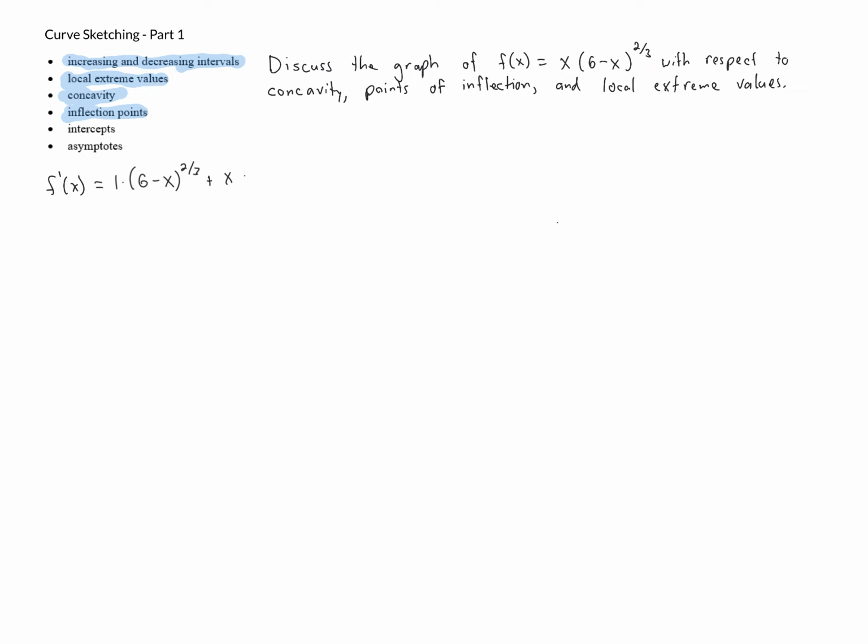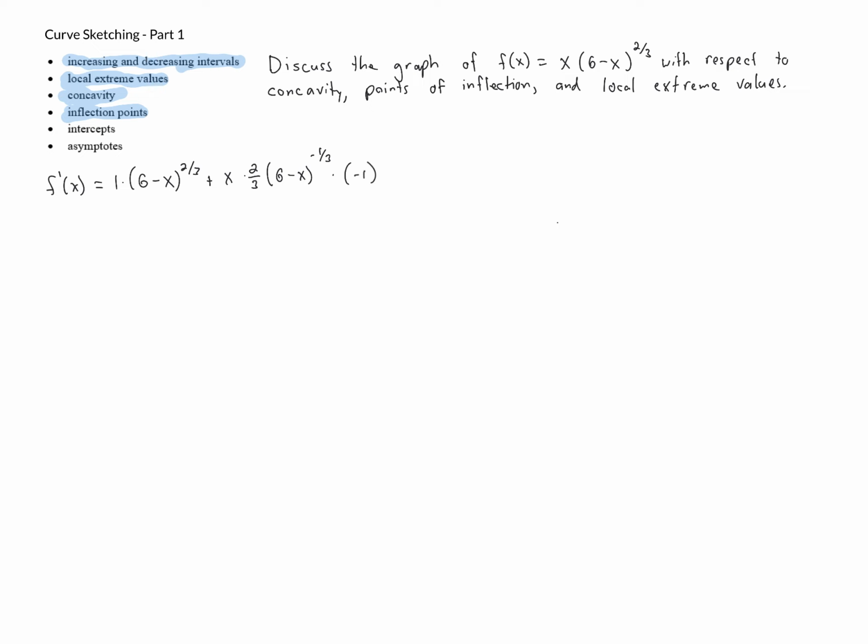The derivative of u to the 2/3 power is 2/3 times u, which in this case is 6 minus x, to the negative 1/3 power, because remember we subtract 1 from the exponent. 2/3 minus 1 is negative 1/3. But then we have to multiply by the derivative of the inside, and the derivative of 6 is nothing, but the derivative of negative x is negative 1.